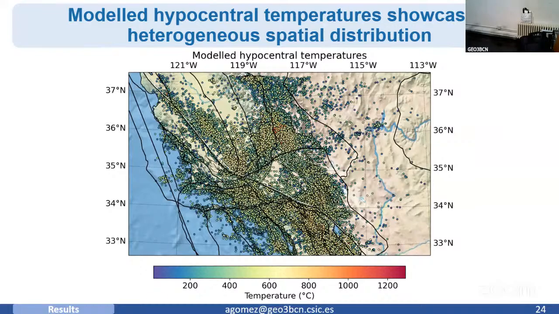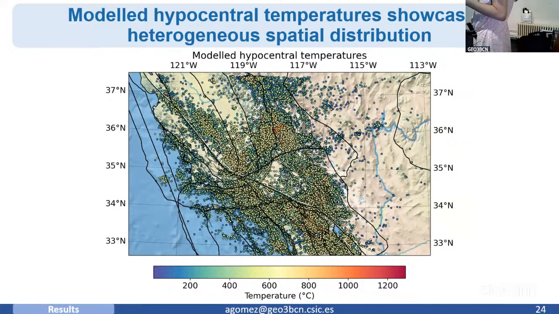Okay, so the final exercise I wanted to explore was to model the hypocentral temperatures. In this case, I'm taking advantage again of California, because they have a beautiful catalog of events that have been relocated following a three-dimensional lithospheric structure.